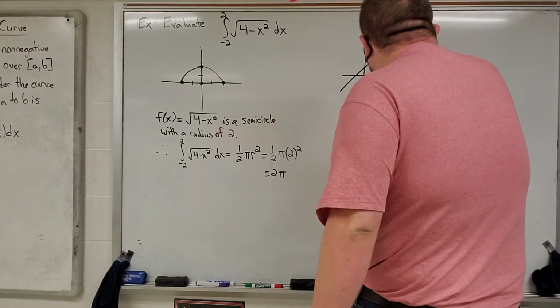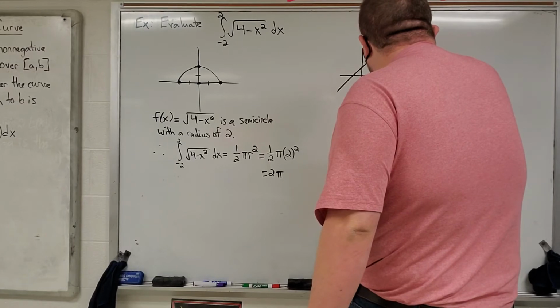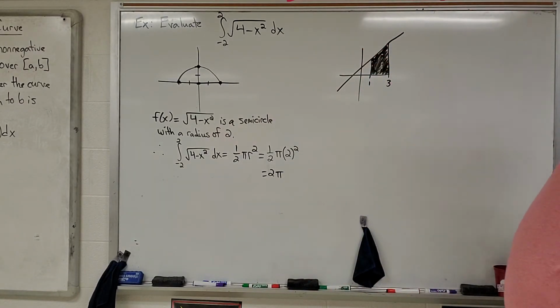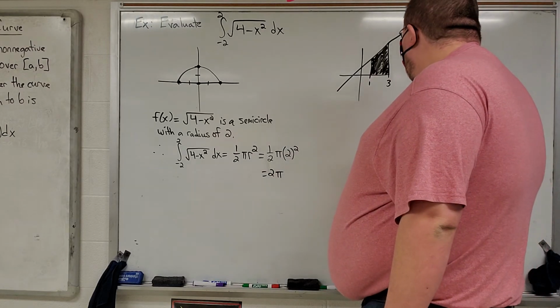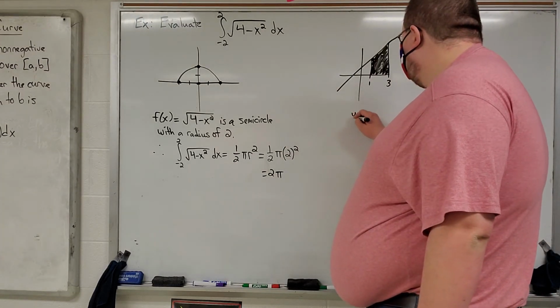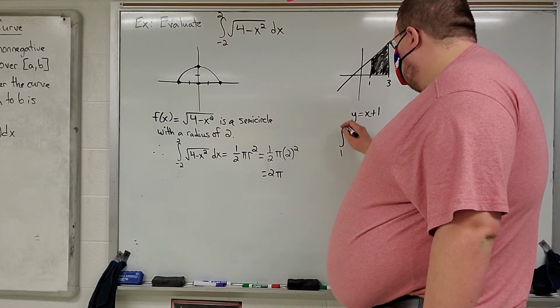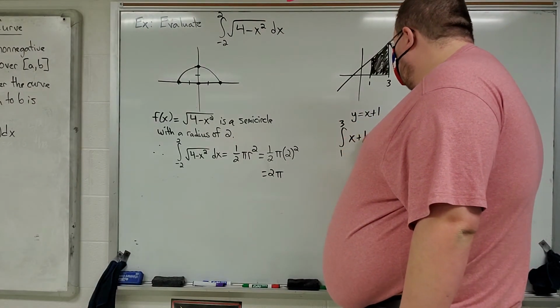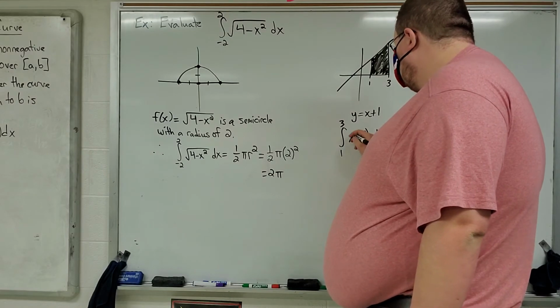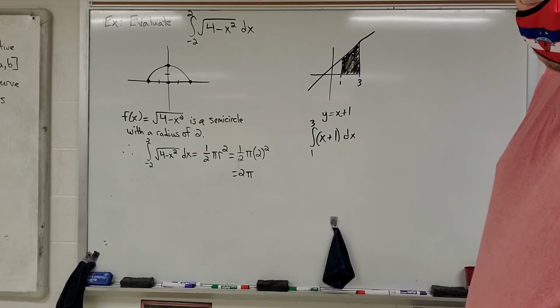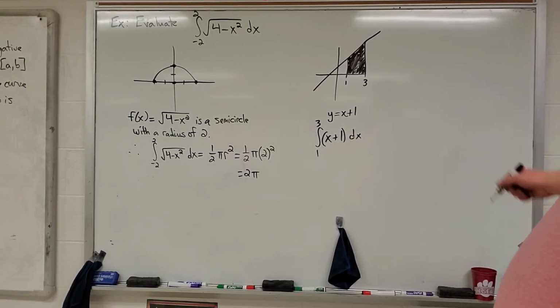Shade it in if you need to so you can really see it. Let's say that the line is y equals x plus 1. We want to find the integral from 1 to 3 of x plus 1 dx. Well, that shape right there, that's a trapezoid.